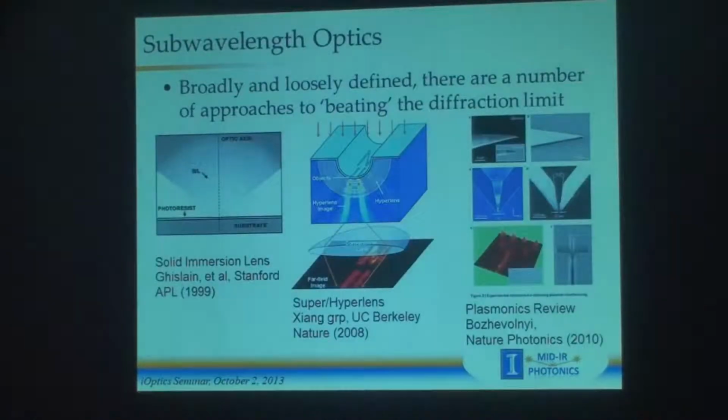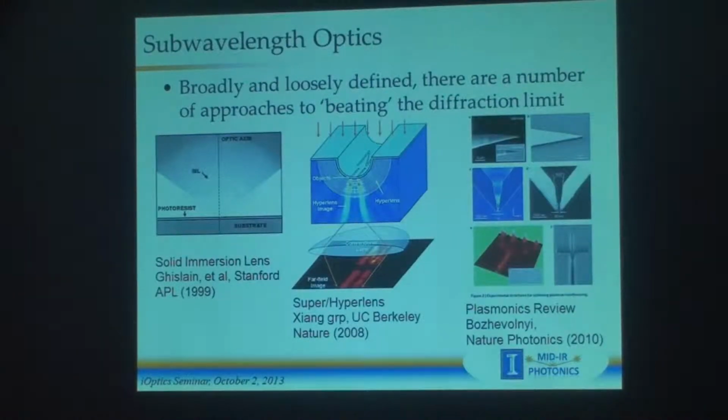All right? And so if we look at some recent nanophotonic examples, this is a slightly older one. This is what we call a solid immersion lens, used to give patterning of photoresist, quote unquote, below the diffraction limit. Of course, it's not below the diffraction limit because you're using a lens. It's just a high index lens. And so you gain something because the wavelength of light is shorter in the lens, but ultimately you're not beating the diffraction limit here.